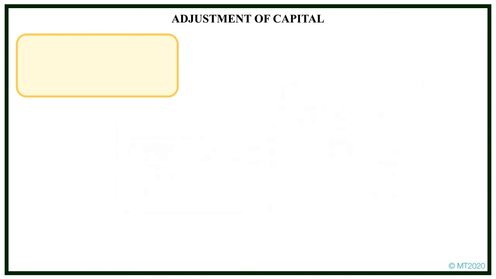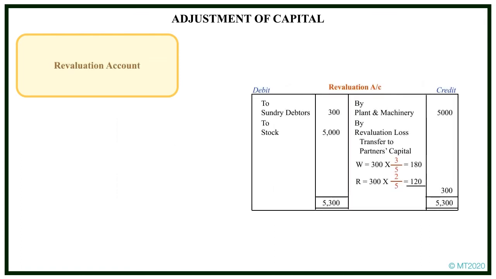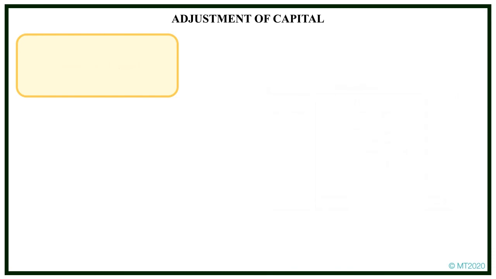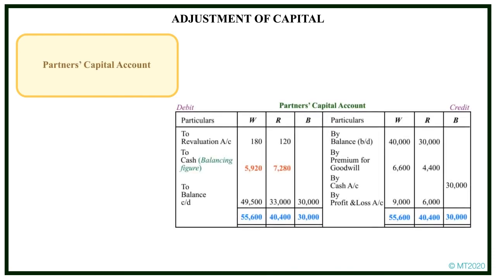We also learned how to prepare the revaluation account and determine either profit or loss on revaluation, which gets distributed among all partners in case of admission of a partner. We also learned how to prepare partners' capital accounts including the new partner. In the same account, we also learned how to adjust the old partners' capital accounts on the basis of the new partner's capital account.